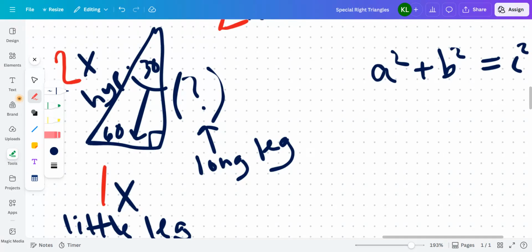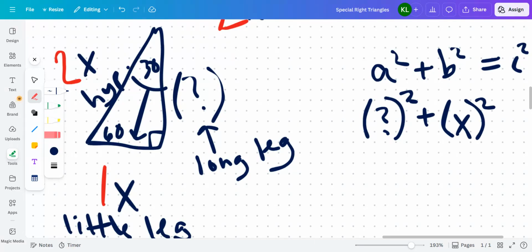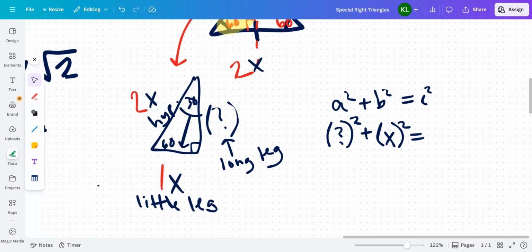Again, it doesn't matter though. You can do whatever you want. But I am going to place a question mark in place of a here. So I have question mark squared plus b, which is going to be 1x squared, equal to c, so that'll be 2x squared.